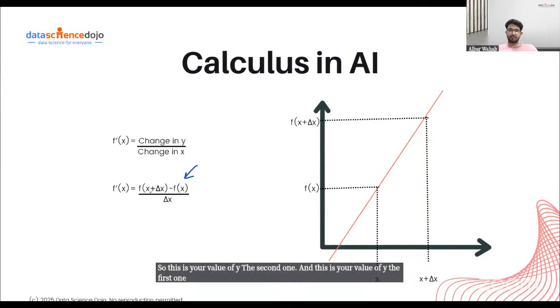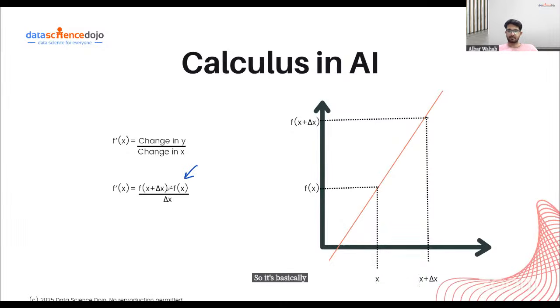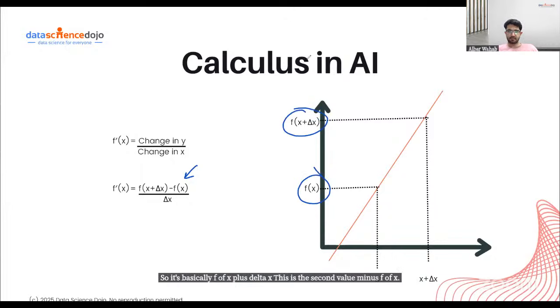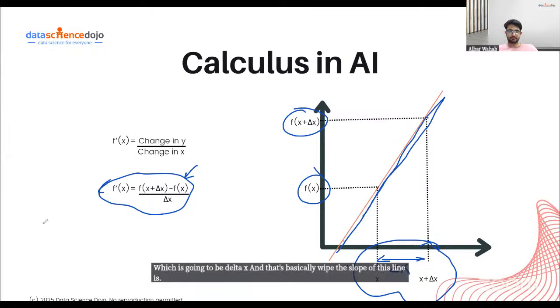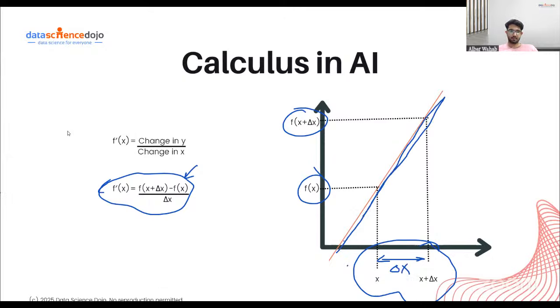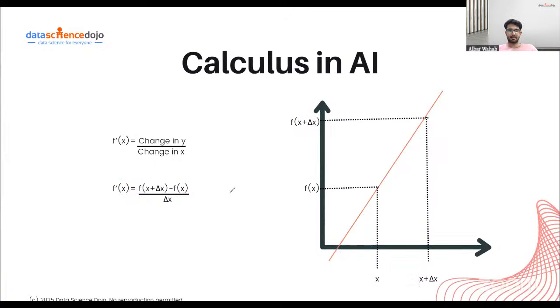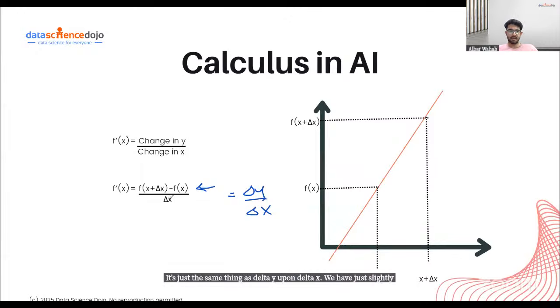So it's basically f of x plus delta x, this is the second value, minus f of x, which is the first value. And then we're dividing it by the change in the value of x, which is going to be delta x. And that's basically what the slope of this line is. Right? It's just the same thing as delta y upon delta x. We have just slightly changed that notation and represented it like this.